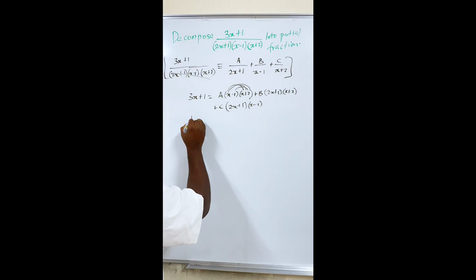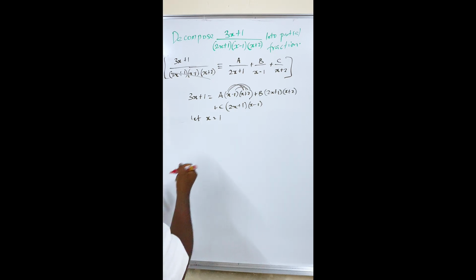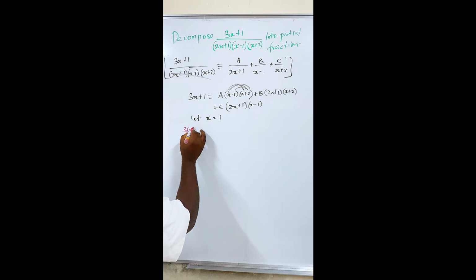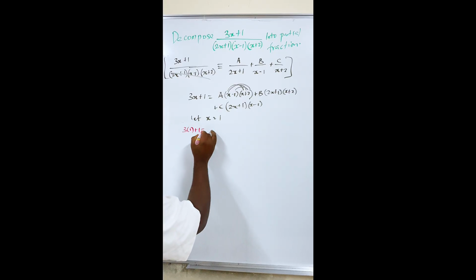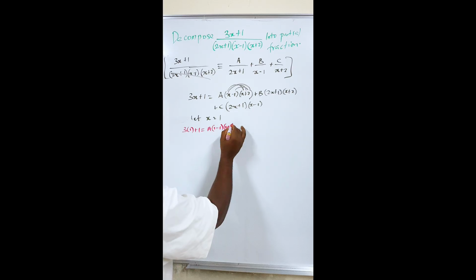I'll say let x be equal to 1. By doing that, I will now substitute: 3 multiplied by 1 plus 1 equals A times (1 - 1)(1 + 2).